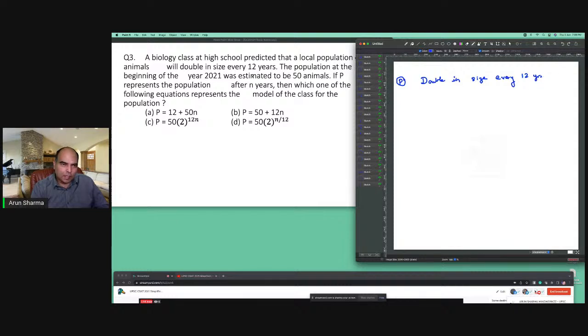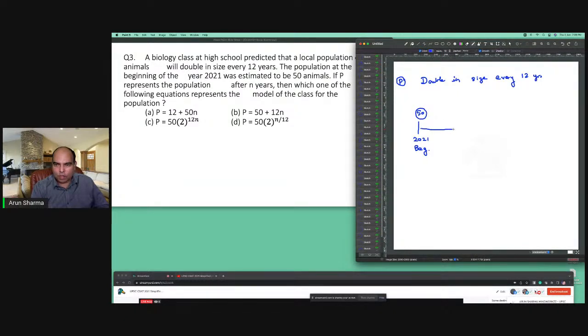And the population at the beginning of the year 2021 was estimated to be 50 animals. Mind you, this is the 2021 paper. So at the beginning of 2021, it was 50 animals.